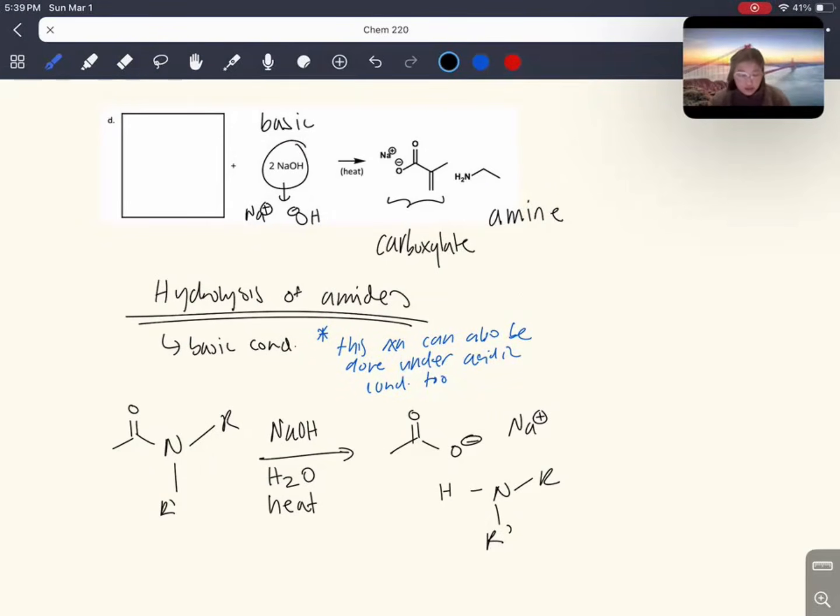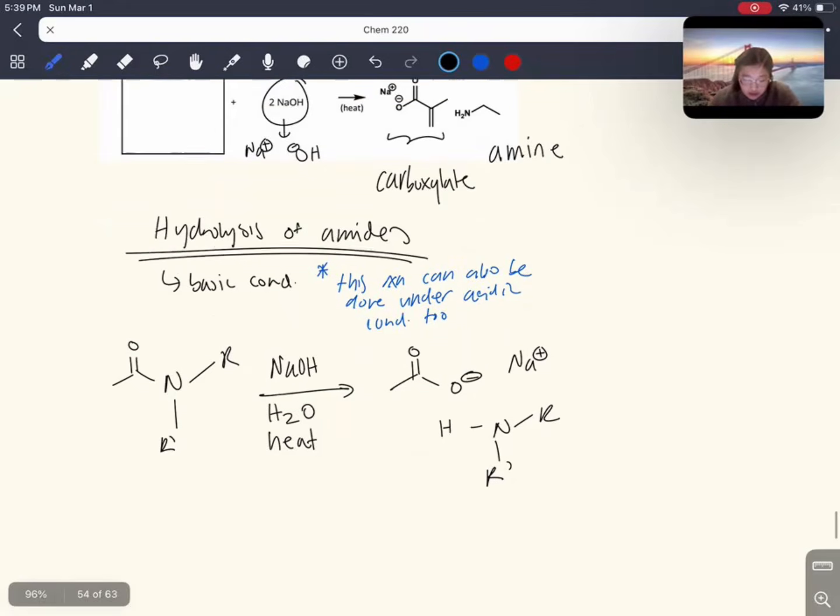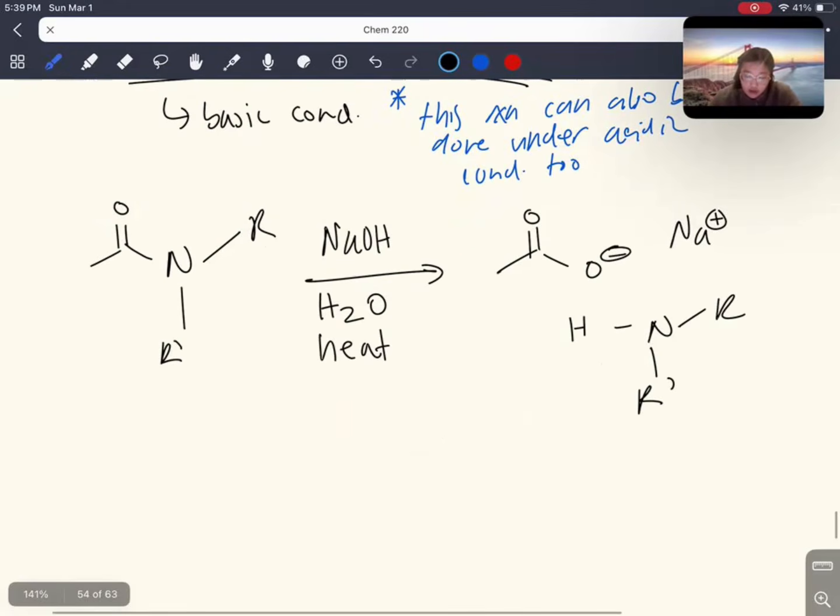And so now I'm going to draw out what this reaction mechanism would look like for this example. So this is not the same starting amide as the problem. This is just a generic amide. And this can help make it easier to put into context how you would go backwards from a product to figure out what the reactant is.